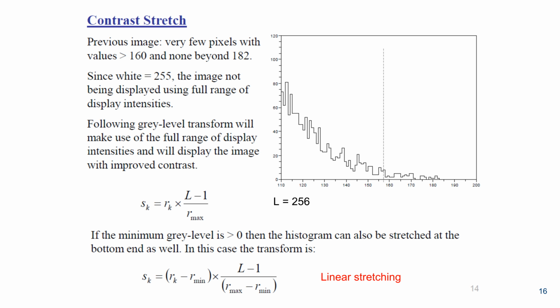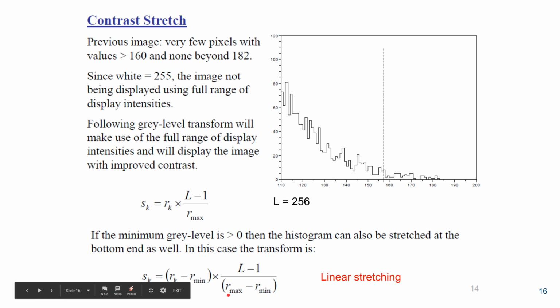If the minimum grey level value is greater than 0, then the histogram can also be stretched at the bottom end as well. This is just stretching it at the top. So when we want to stretch at the top and the bottom of the grayscale values in the histogram, we can just use this expression. Here remember L is 256, the number of grayscale values in our image.